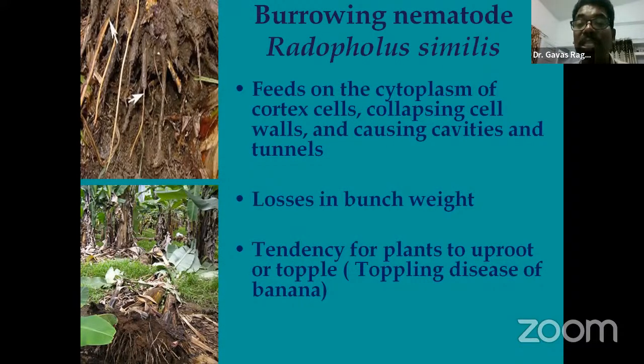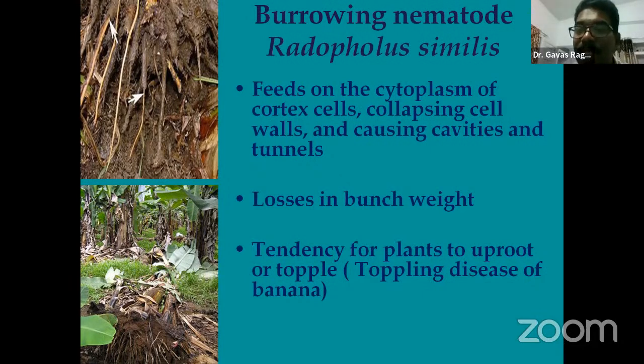They feed on the cytoplasm of the cortex cells of the roots, and due to the feeding, the cells collapse and cause big cavities and tunnels inside the root. Because of feeding by Radopholus similis, the burrowing nematode, there will be severe loss of root system, which in turn makes the plant topple down.